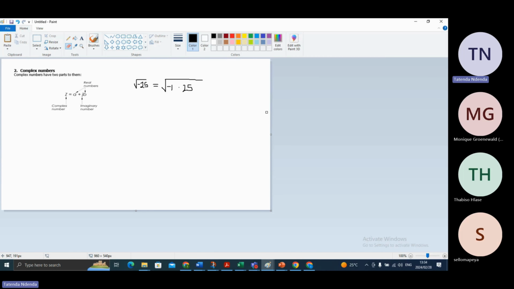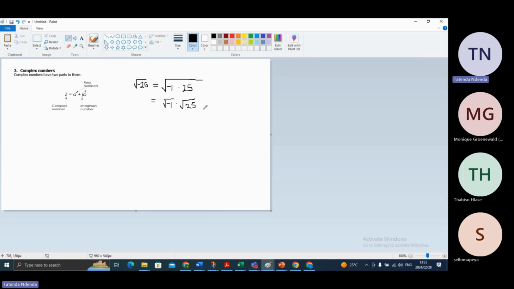Do we agree that this is the same thing? Yes. All right. So if this is the same thing, what we're going to do next is say this is equivalent to root of -1, right, multiplied by root of 25. So we are still on the same page, isn't it? We just separated it.